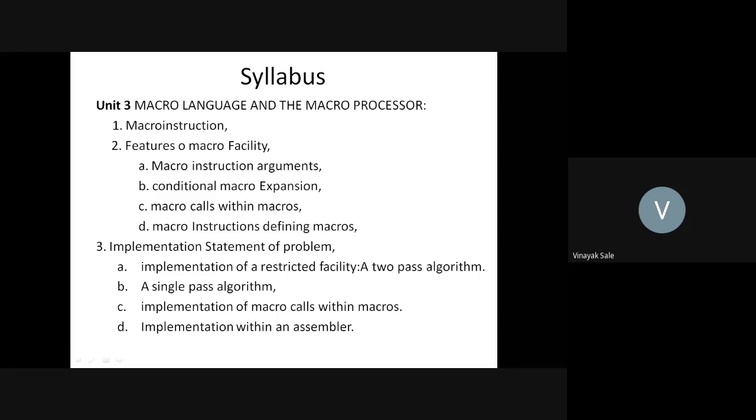Then the next point is implementation, statement of a problem. So implementation of a restricted family of 2 pass algorithm, then a single pass algorithm, then implementation of macro calls within macros, implementation within assembler.